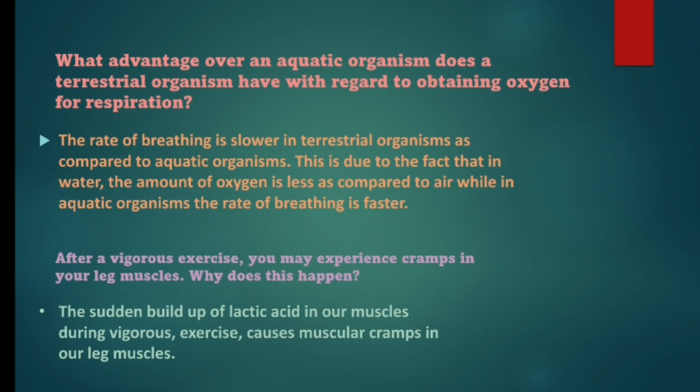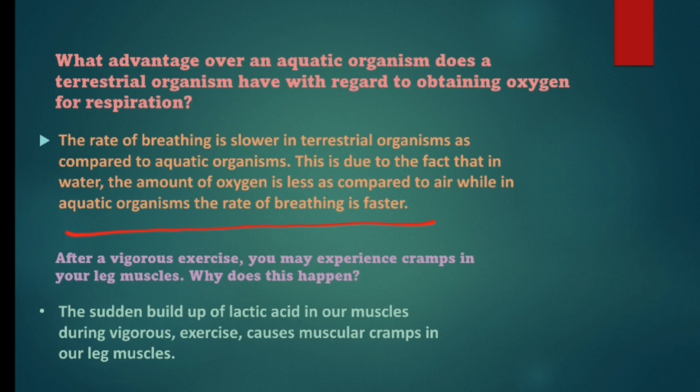Okay, the reason is that it has to inhale the oxygen which is dissolved in water. The amount of oxygen present in water, in dissolved form, is comparatively less than that present in atmospheric air. So that is why the breathing rate in aquatic organisms is much faster than in terrestrial organisms.